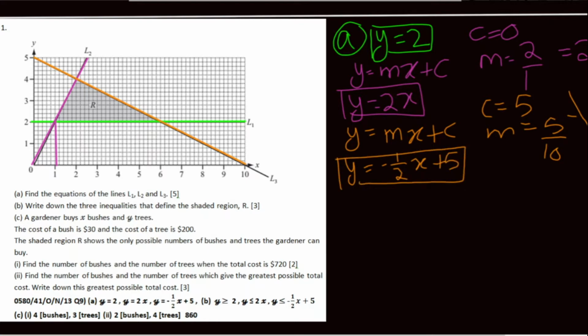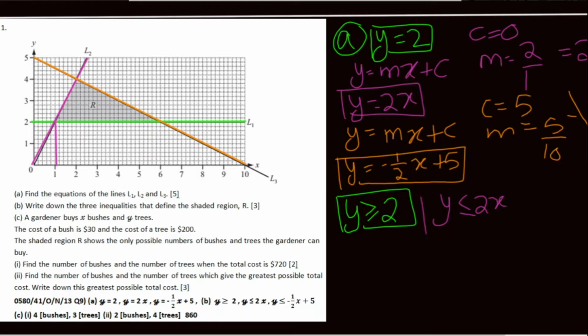Part B, write down the 3 inequalities that define the shaded region R. For the inequalities, let's look at the green line first. The required region is above the line and it was a solid line, so we'll write y greater than or equal to 2. For the purple line, the required region is below the line, so we'll write y less than or equal to 2x.